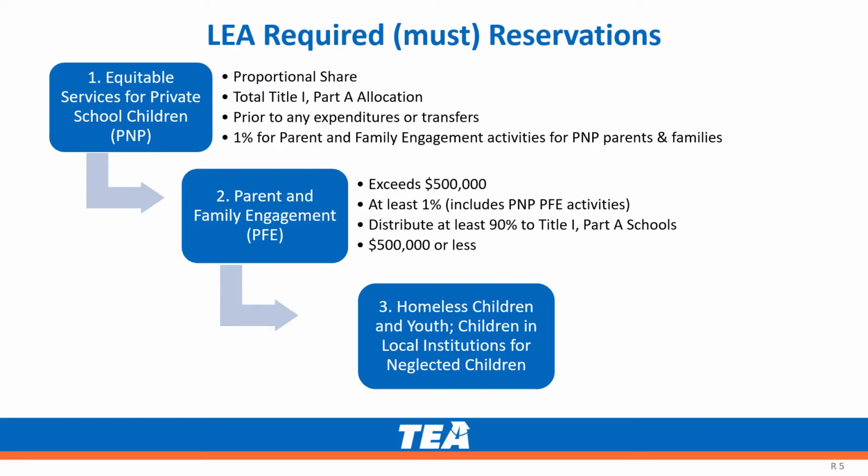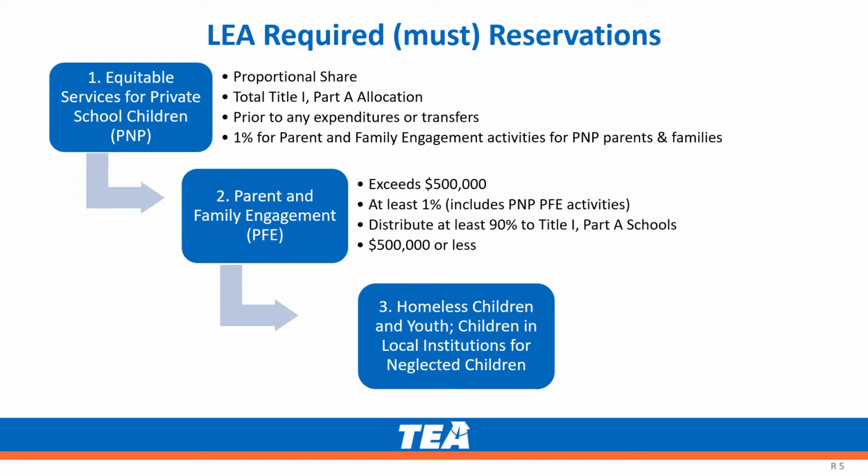This amount includes the proportion required to provide equitable services to parents and families of participating private school children. Of the amount remaining after determining equitable services for parents and families of private school children, the LEA must distribute at least 90% to its Title I schools, giving priority to high-need schools.